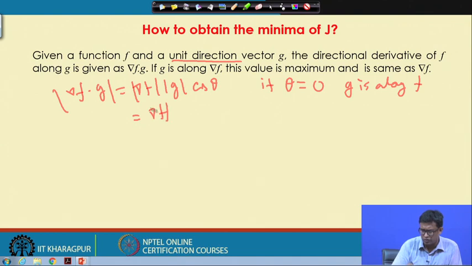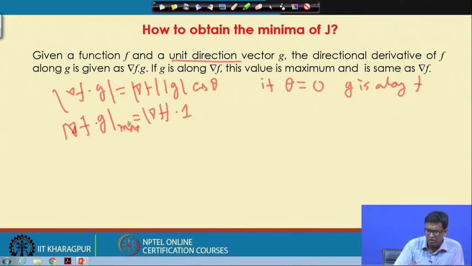So, this is mod grad f into 1, and this is the maximum value of grad f dot g, because if theta is non-zero, then cos theta is always less than 1, and this is a smaller value.